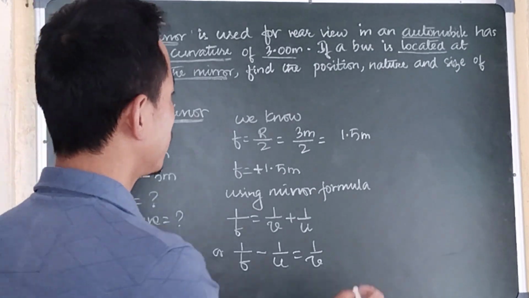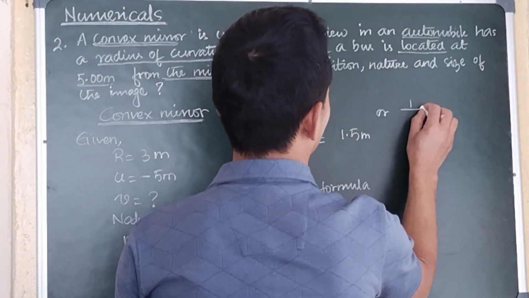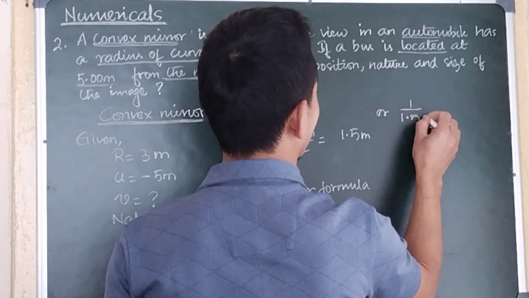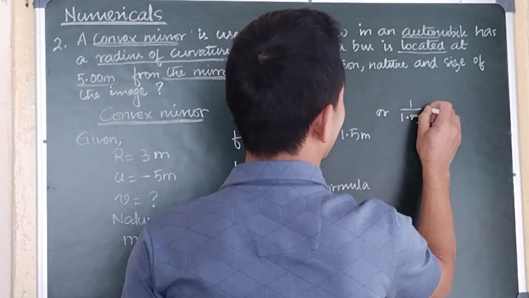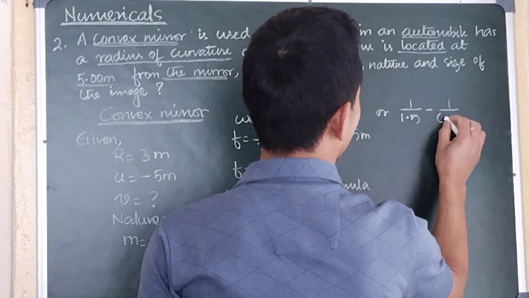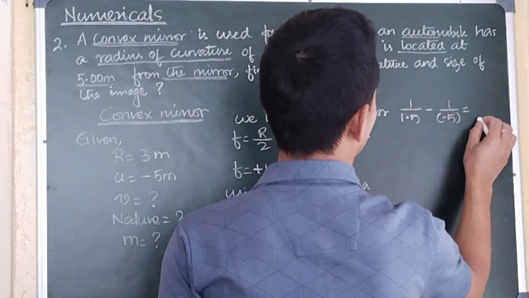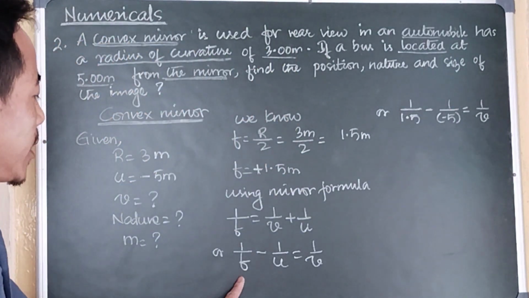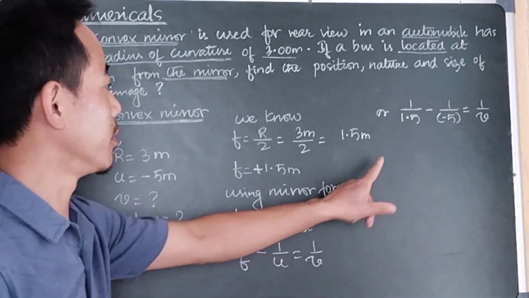So let's put the value now. So 1 divided by focal length is our 1.5 meter. Then we have this minus sign. Then U is our minus 5 meter. So this is minus 5 meter is equals to 1 divided by V. So we have just replaced the value of F and U here.